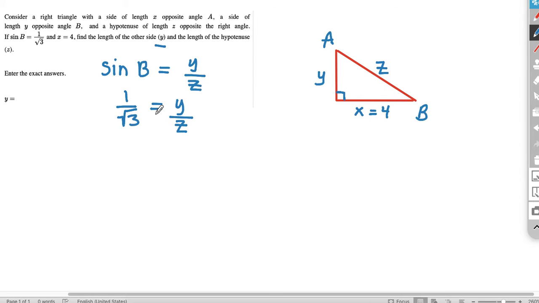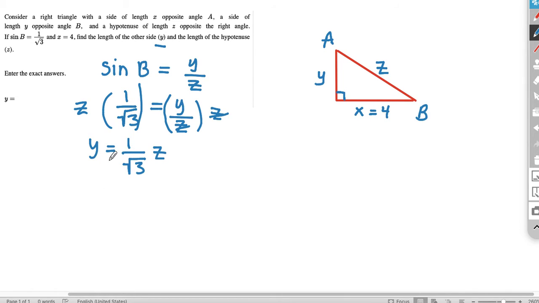That might be easiest. So to solve for y I just multiply both sides by z, and you'll see z cancels out right here, and then I get y equals 1 over square root of 3 times z. Okay, so that looks nice.